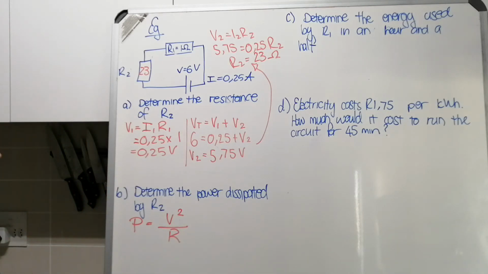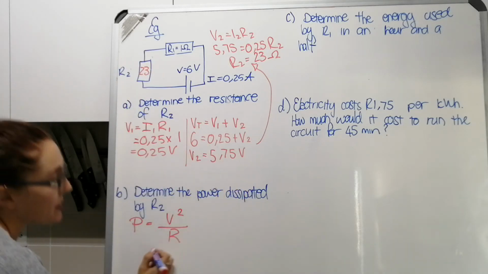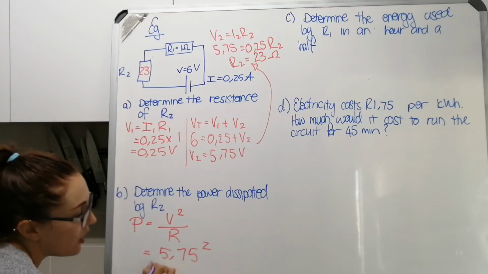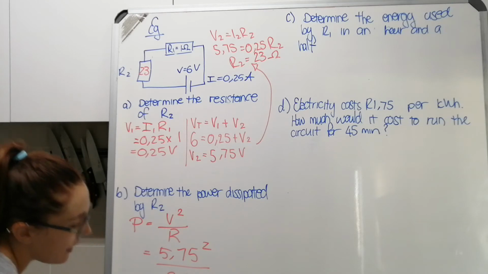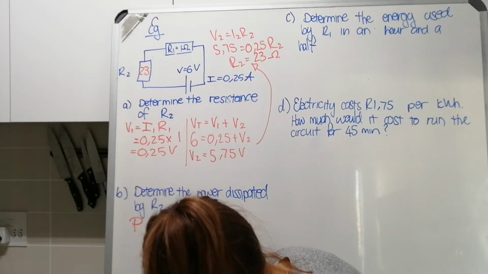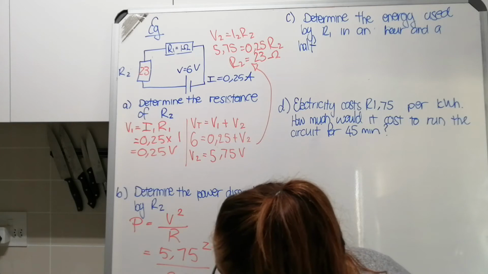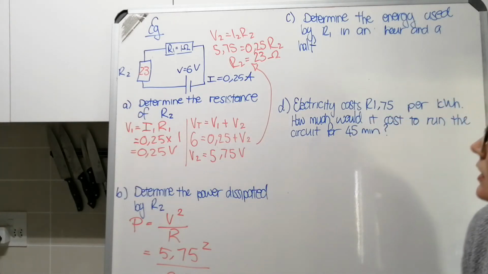Substituting in, the potential over the second resistor is 5.75. I'm going to square it over the resistance, 23. Stick that in your calculator and you'll get 1.44. Remember our units are watts, or joules per second technically, but we stick with watts.